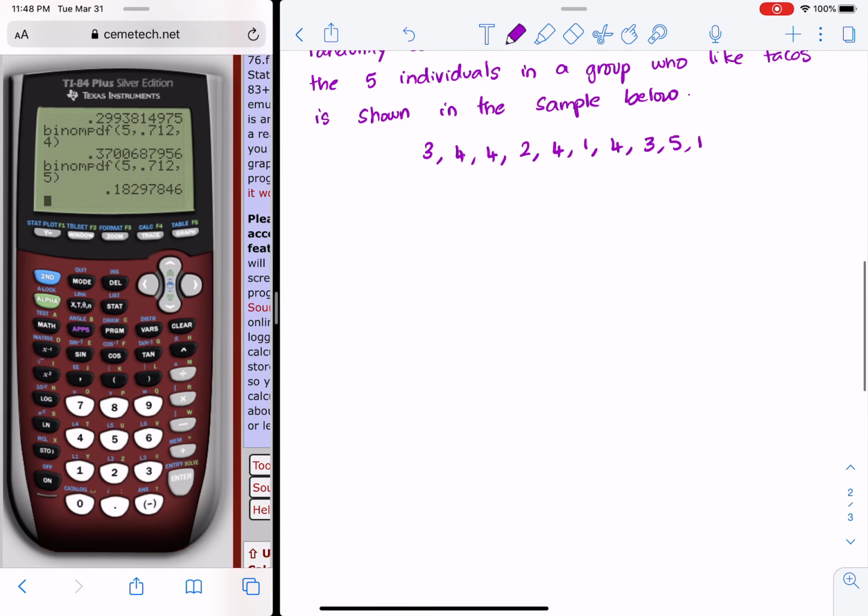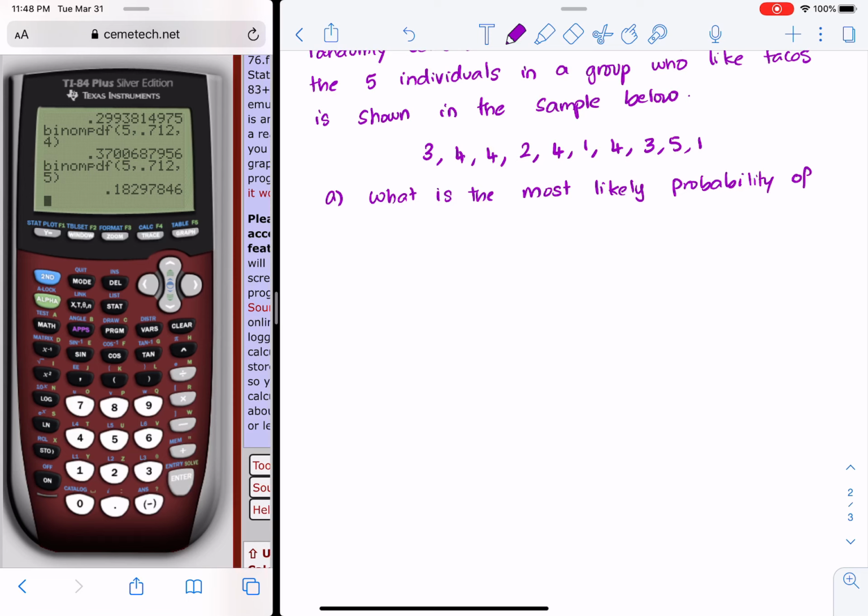So we want to know what the most likely probability of success is.